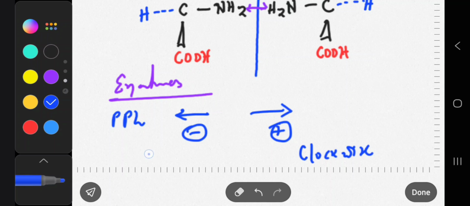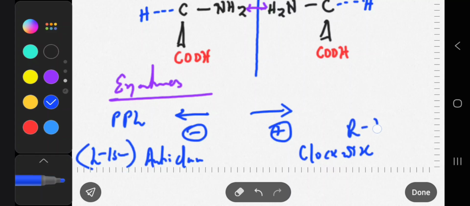And this is anti-clockwise, negative. If they're able to rotate to the right, it is clockwise. To the left is anti-clockwise. So we tend to say left is L isomer, clockwise right is R isomer. So we can regard this as an R isomer, and we can regard this as an L isomer.